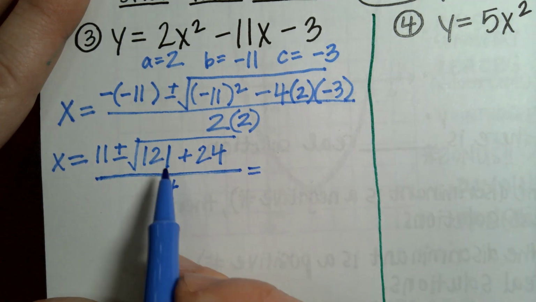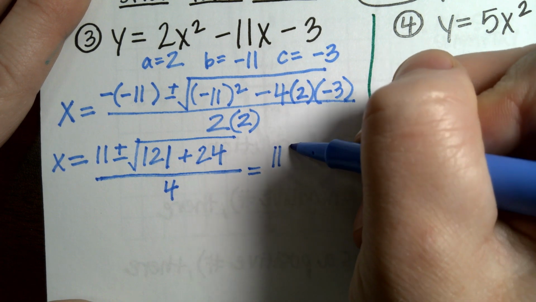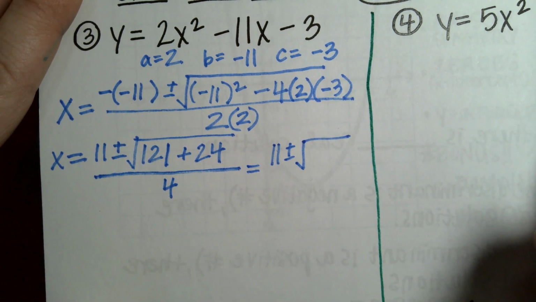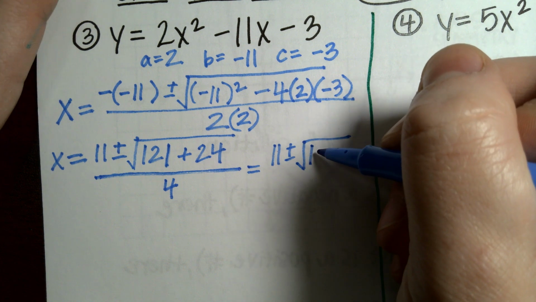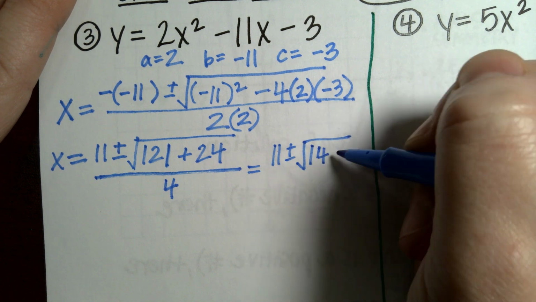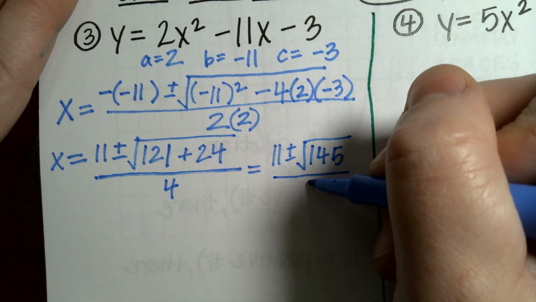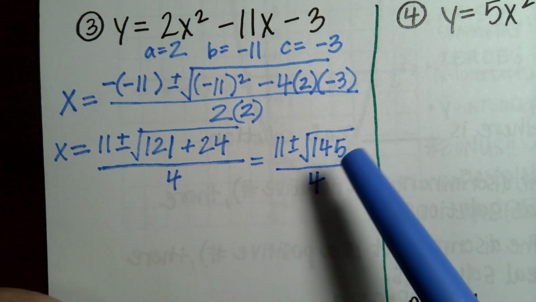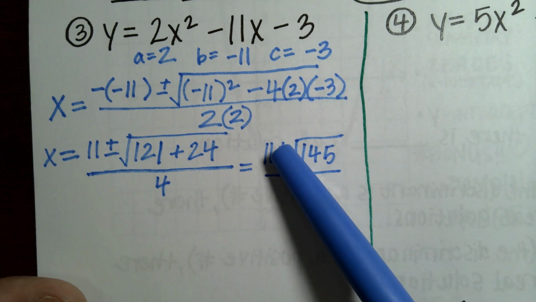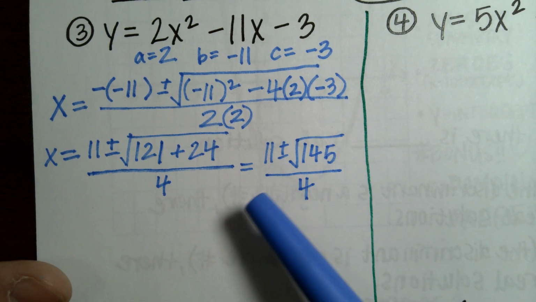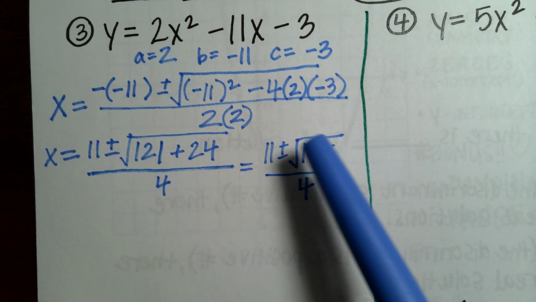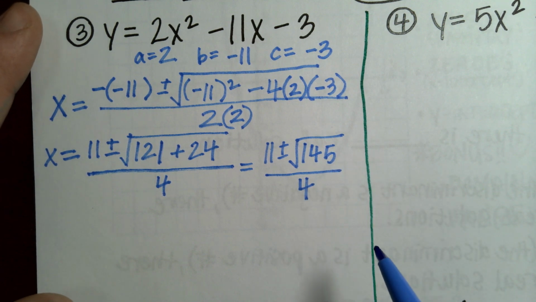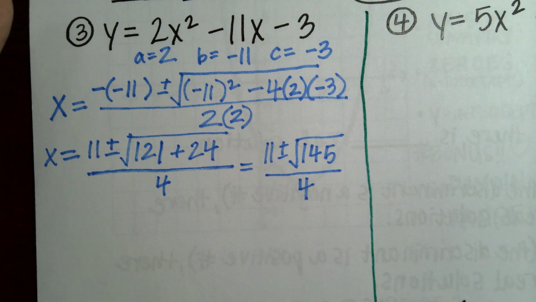Let's simplify that square root. 11 plus or minus the square root of 121 plus 24, which gives us 145, divided by 4. Okay. So once we're at this point where we have a number plus or minus a number under a square root divided by something, what's our turning point in the steps?